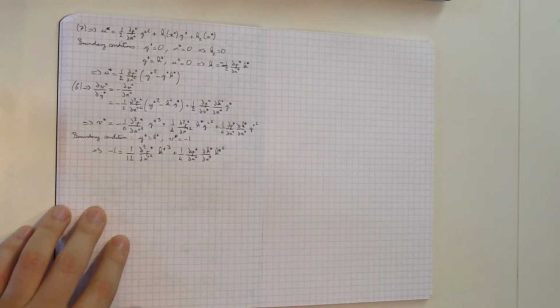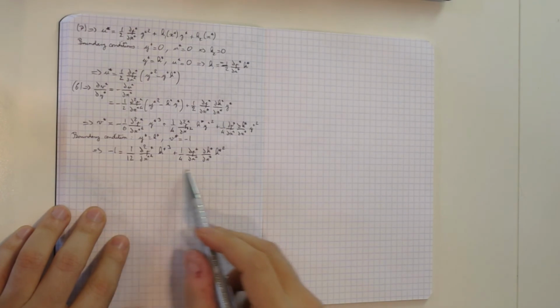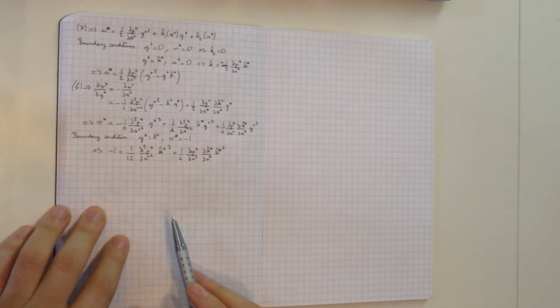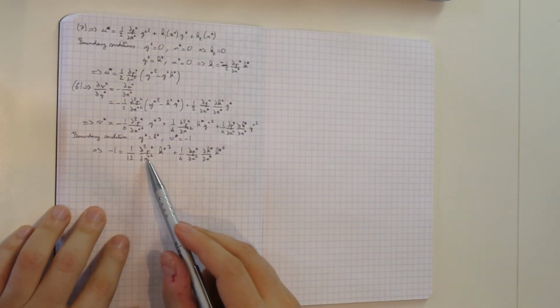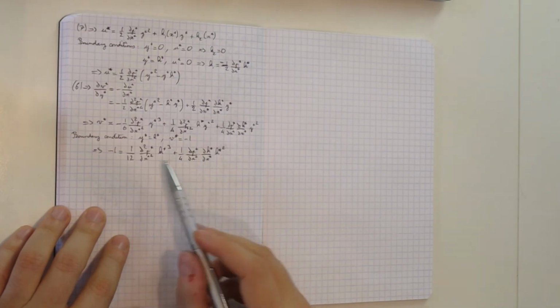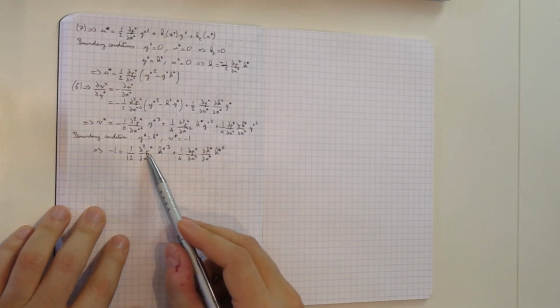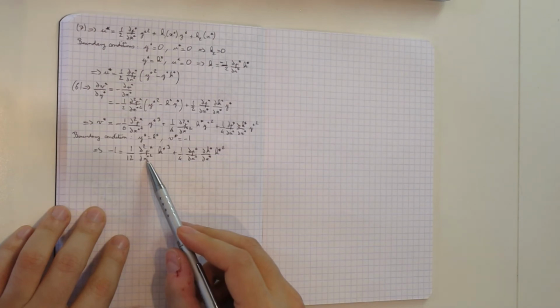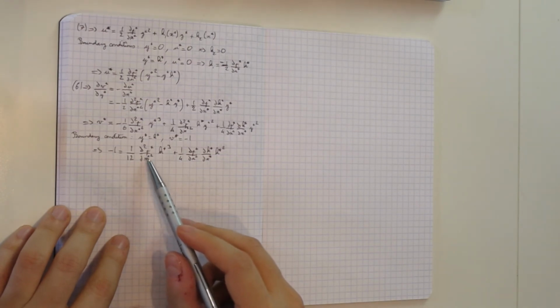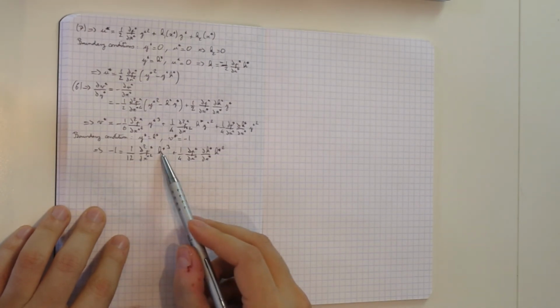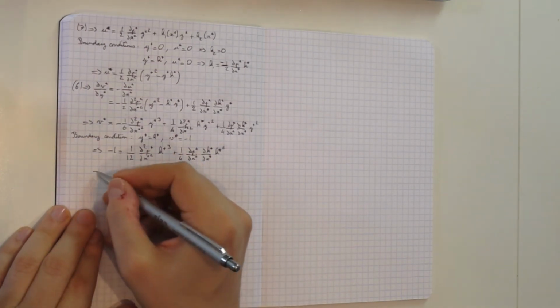Okay, and I can multiply everything by 12, and I'm going to work with this on the left hand side. What I can notice here is that this thing comes from differentiating with respect to x star dp dx h cubed, right? So let's just write this down.